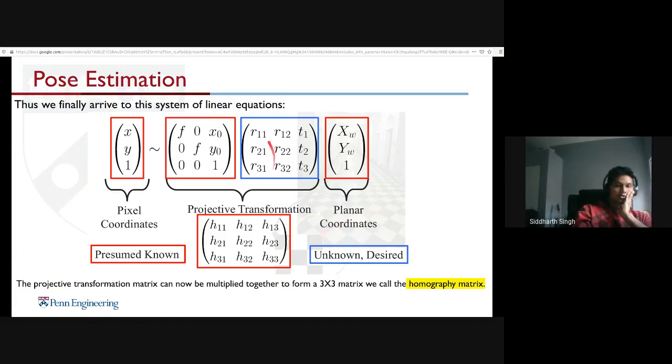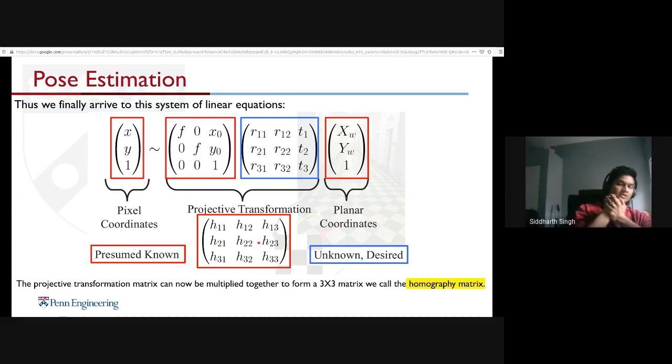Now these two matrices combine together to form what we call the homography matrix. Homography is not a term which is specific to just vision. It essentially means the transformation of some values from one frame to another frame.